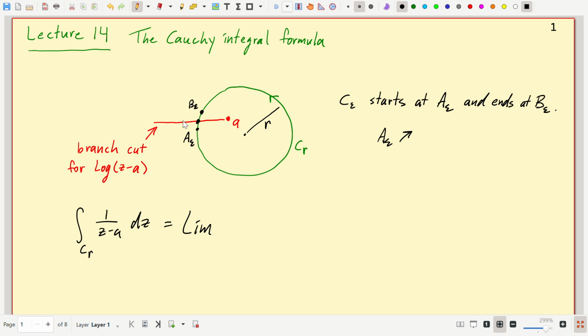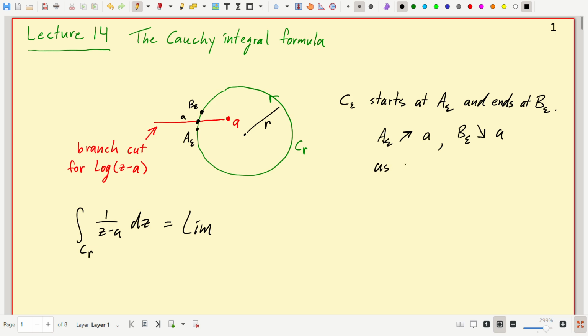So I'll let C sub r denote the whole circle, starting at, I should name this point here, let's call it little a. As epsilon goes to 0, a sub epsilon I'm going to slide up to a, and b sub epsilon I'm going to slide down to a.